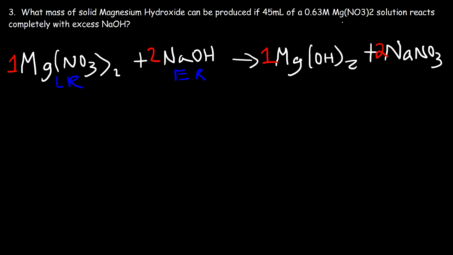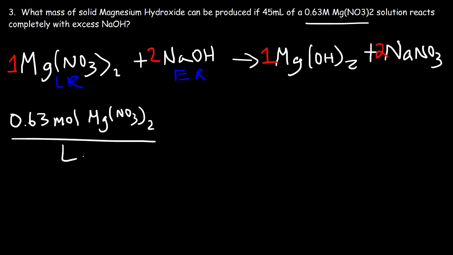So let's start with the molarity of magnesium nitrate. So it's 0.63 moles of Mg(NO3)2 per liter of solution. And now let's multiply it by the volume in liters. So if you divide 45 by 1,000, it's going to be 0.045 liters.